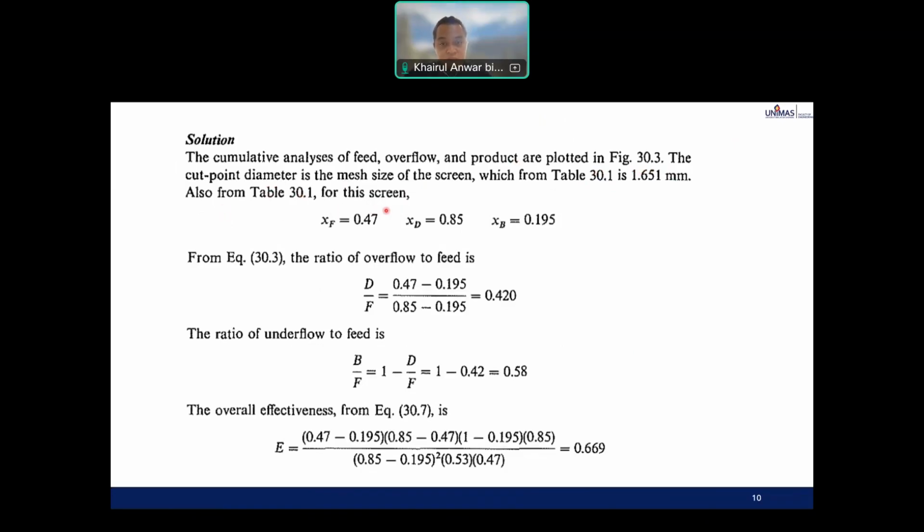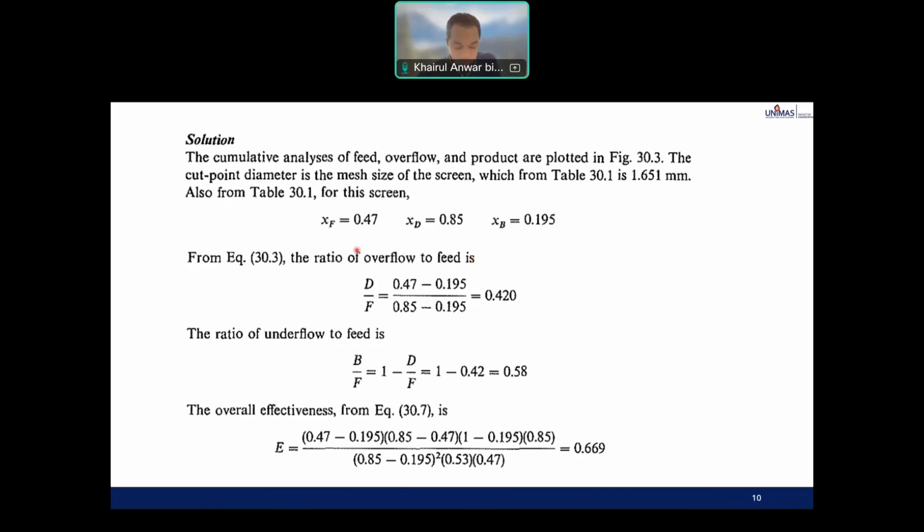So from table 30.1 for this screen, for mesh 10, this is based on the pattern.